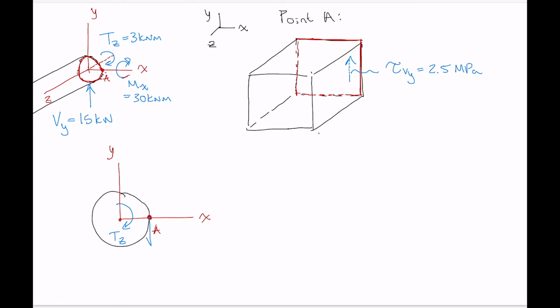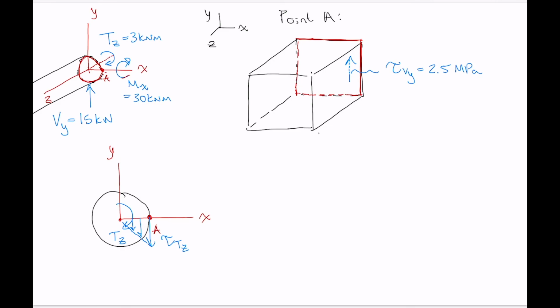So we've got a shear stress, tau, caused by Tz, tau subscript Tz, oriented in that direction. We know that if we were to look at other points along this line, they'd have shear stresses like that. So shear stress going from a maximum value at point A down to a value of 0 at the center of the cross section.